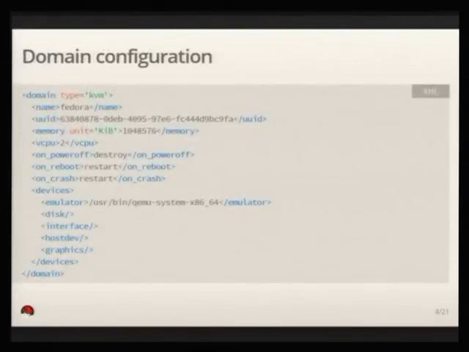So how does domain configuration or virtual machine configuration in Libvirt look like? I maybe spoiled something because domains is how we refer to virtual machines in Libvirt. Fun fact, who knows why do we call them domains and not virtual machines? Okay, who knows and is not a Libvirt developer?